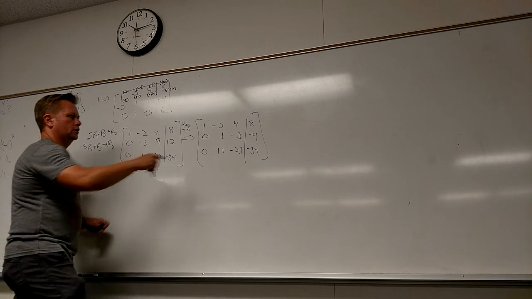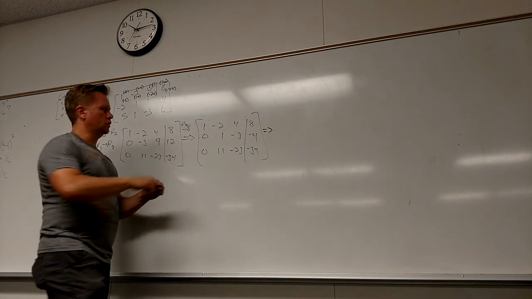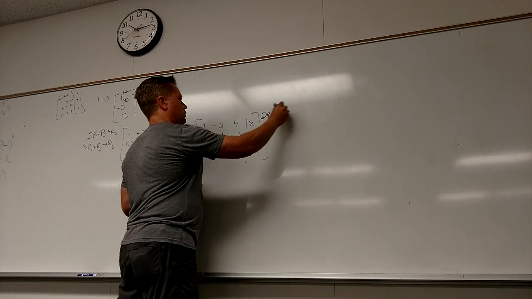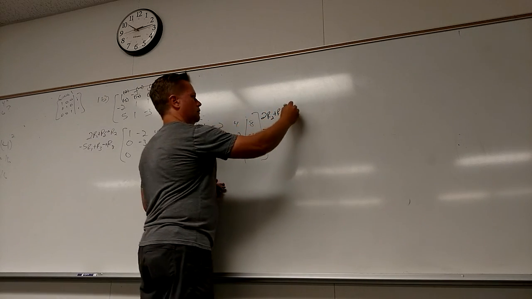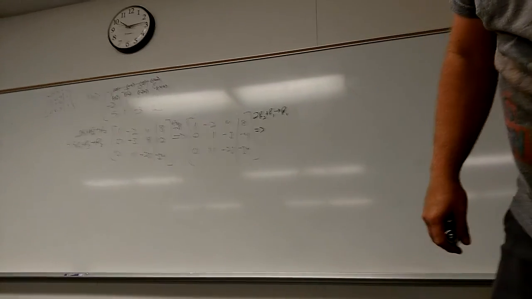So what do I do here to kill the 2? Yeah, take row 2 times 2, add it to row 1, put the answer in row 1. That's where I want the 0 to show up. Let's make sure.